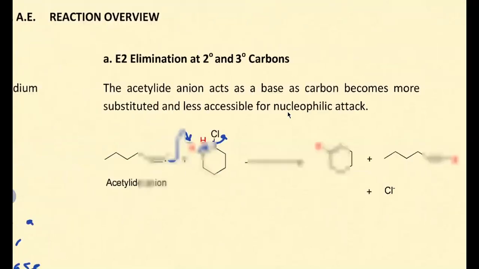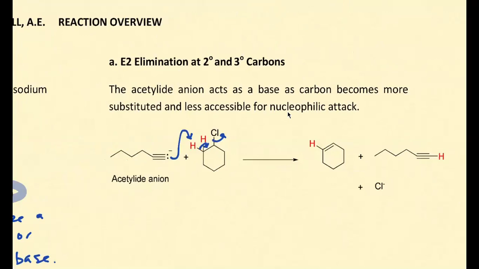You can see the product of any elimination is an alkene, right? So the triple bond can be a nucleophile or it can be a base, depending on what you reacted with. You react it with a primary or methyl alkyl halide, it acts as a nucleophile. If you react it with a secondary or tertiary alkyl halide, then it's going to be a base and do elimination.